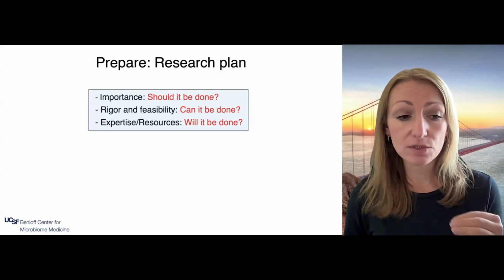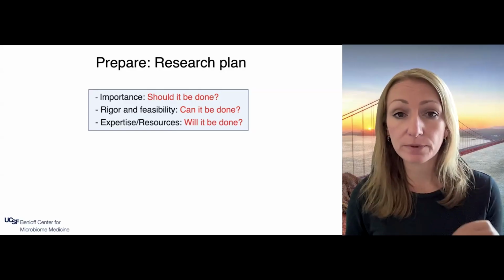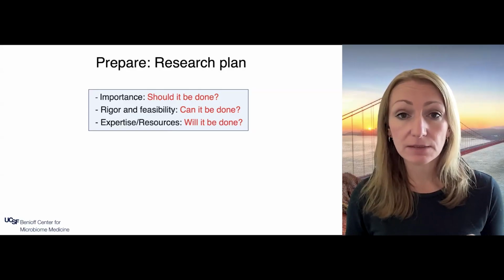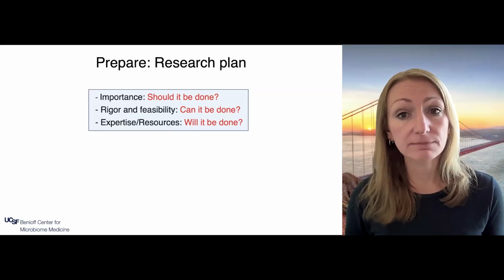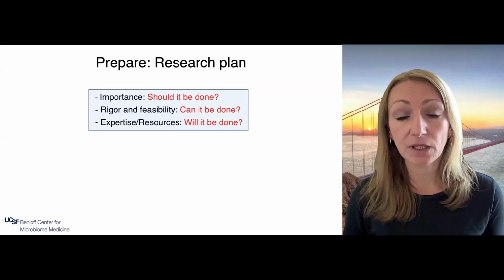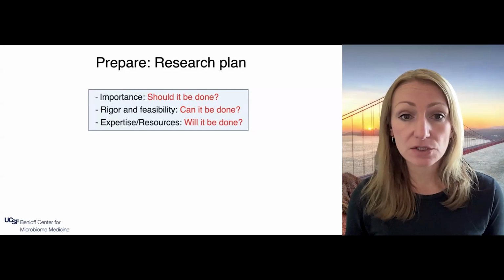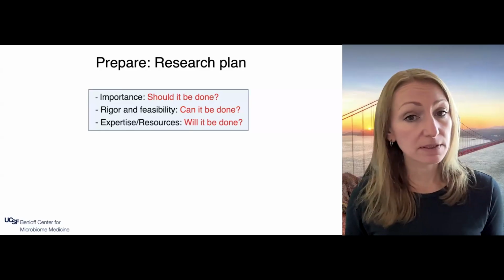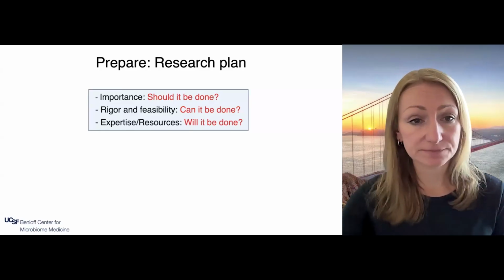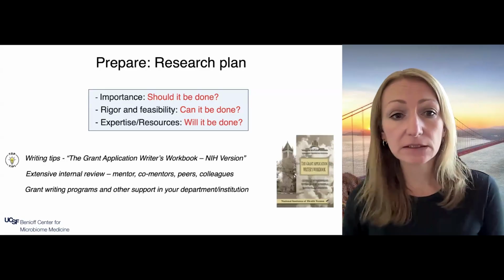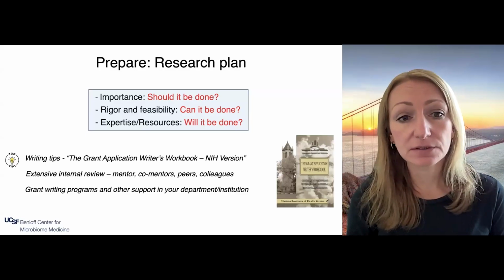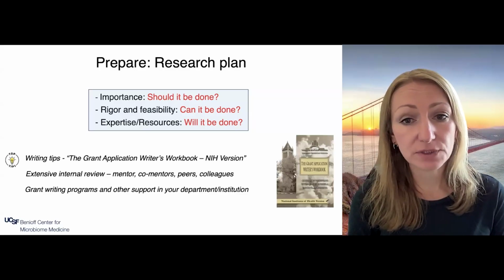These are important considerations. And so, how you propose and how you explain your research really does matter. You need to always be checking whether your proposal answers three main questions. Should your work be done? Can it be done? And will it be done? If you can answer these questions effectively, your application will be very strong. I recommend the Grant Application Writer's Workbook NIH version.